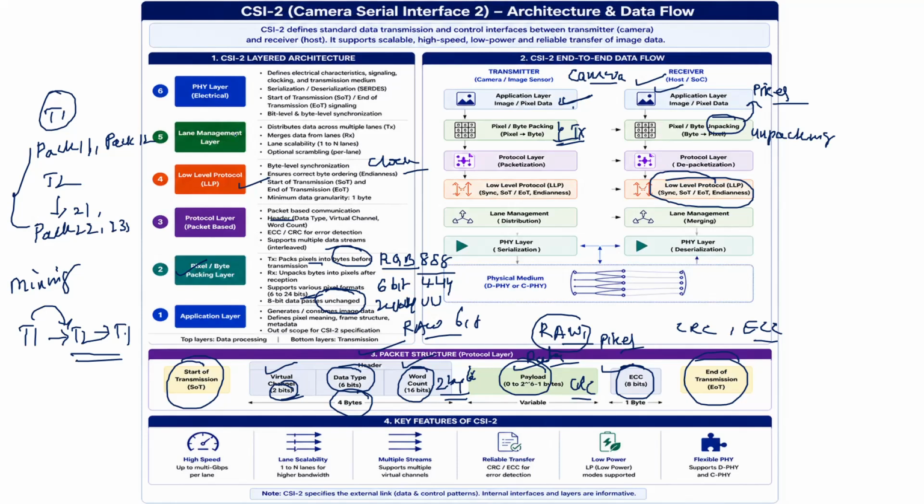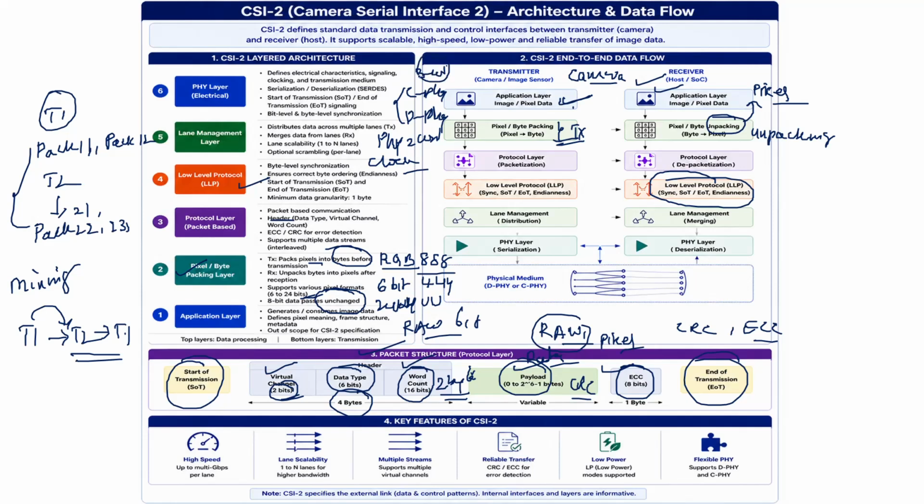And then the lane management layer, it will distribute the data from the transmitting side across lanes, because we are using different PHY layers, either D-PHY layer or C-PHY layer. For that, each lane has two different wires. In the D-PHY layer, two wires are used, and in the C-PHY layer, three wires are used.